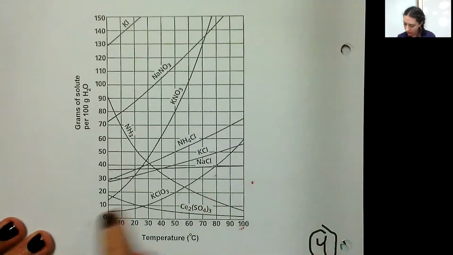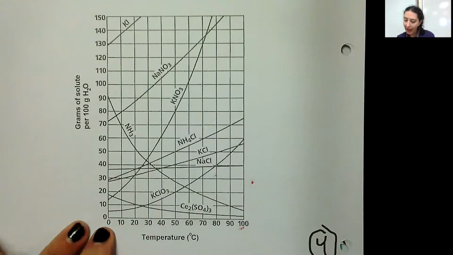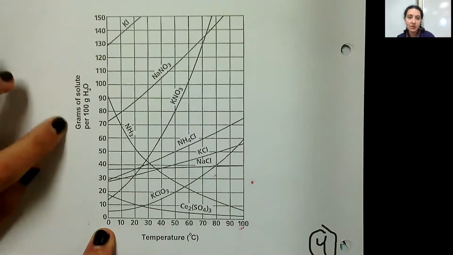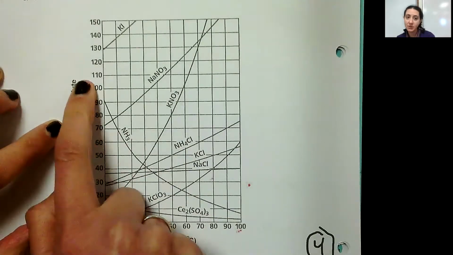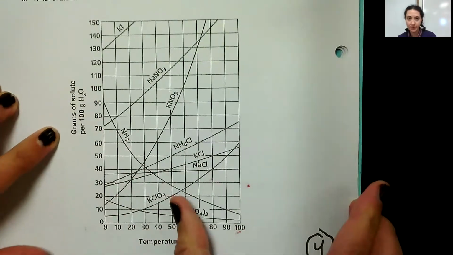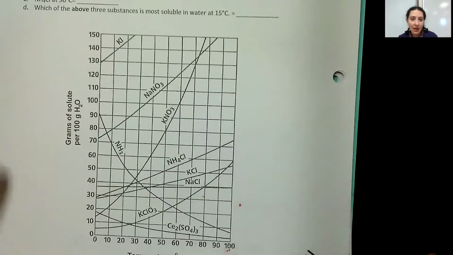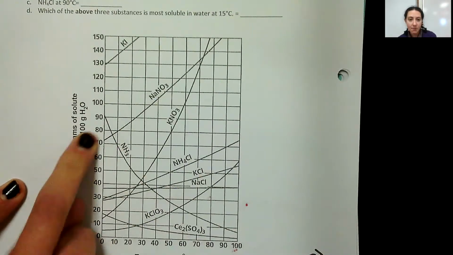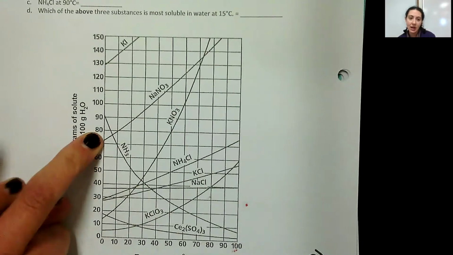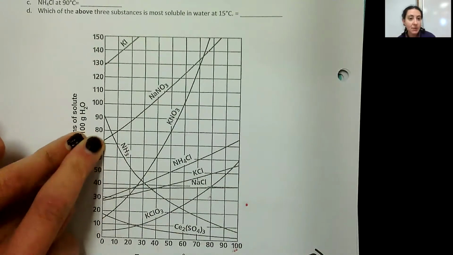A solubility curve shows how many grams of a specific substance can dissolve in 100 grams of water at specific temperatures. So if we take sodium nitrate, for example, at lower temperatures, fewer grams will dissolve, but they still will.